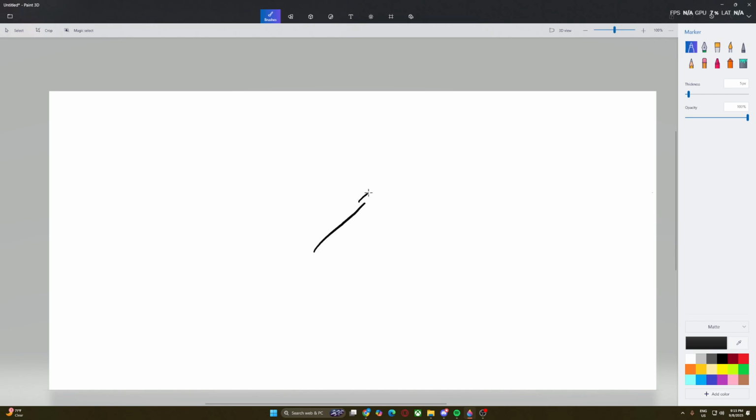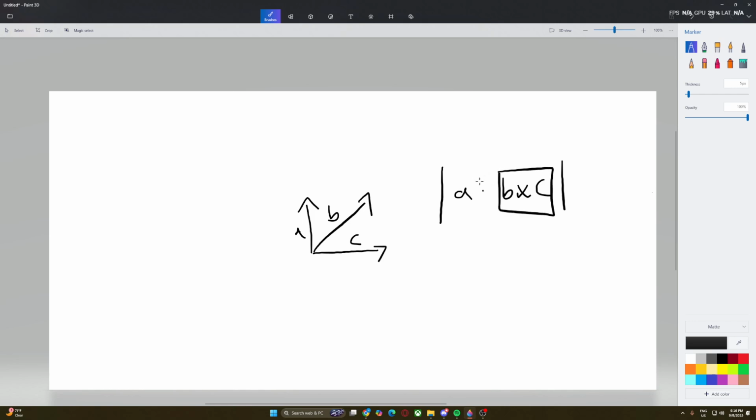So we got vectors B, let's say this is A, and this is vector C. So the equation goes like this: the absolute value of A dot B cross C. The reason why there's an absolute value sign, and not a magnitude sign, is because this is a vector dot product of a vector, and it turns into a number.